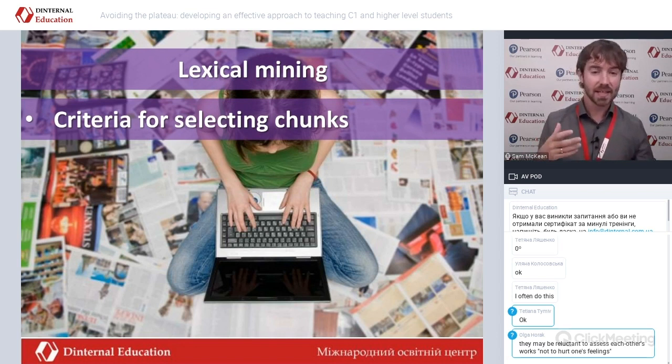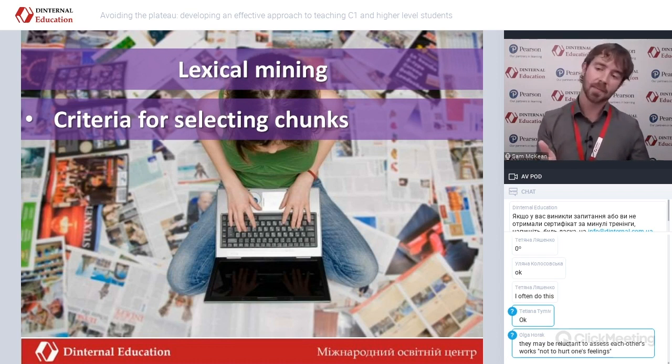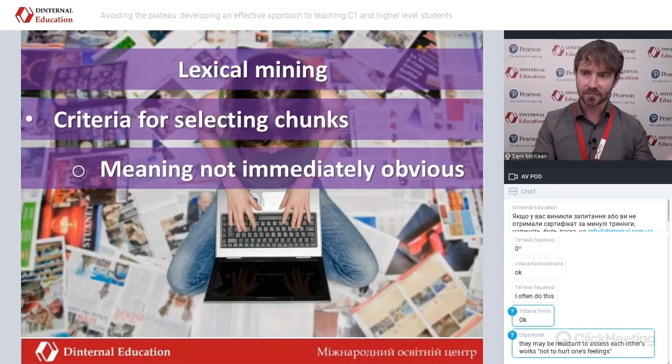This is basically just a common sense criteria, but I find it really focuses my students' attention on the task. So the criteria I give my students is: if they find a chunk and the meaning isn't immediately obvious, then they can consider extracting it.